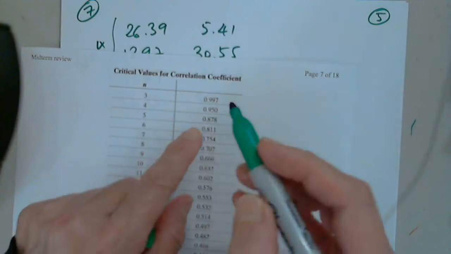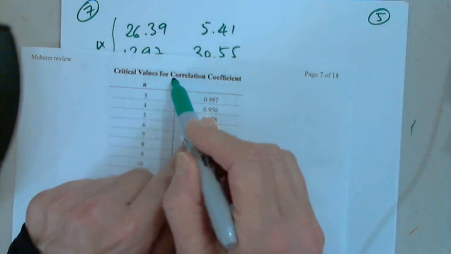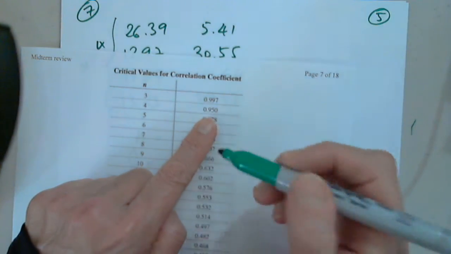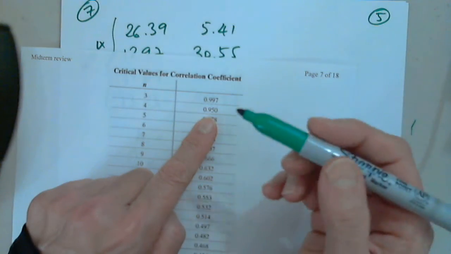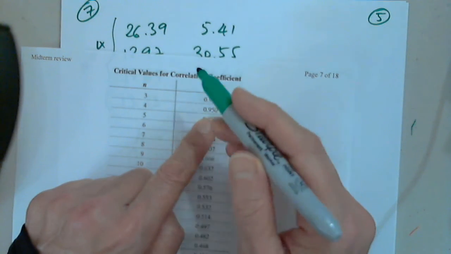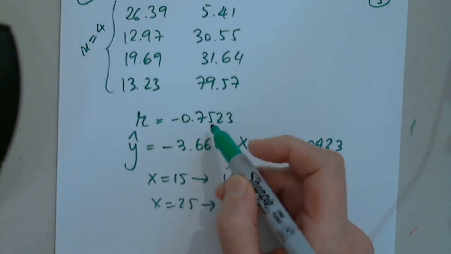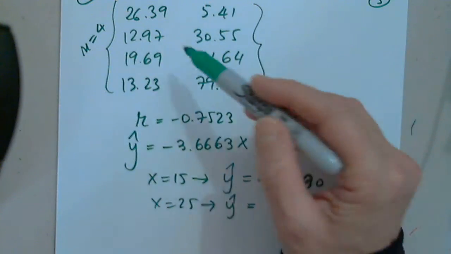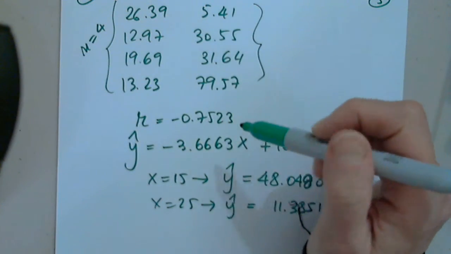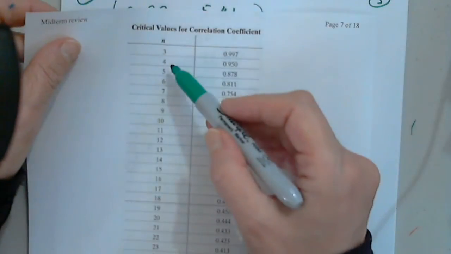For 4, the correlation coefficient, in order to assume that this is a linear relationship between the two variables, should be positive or negative, but more than 0.95 in absolute value. It's not. So I would have to conclude that just for these 4, the linear regression model is not applicable, because I only have 4.